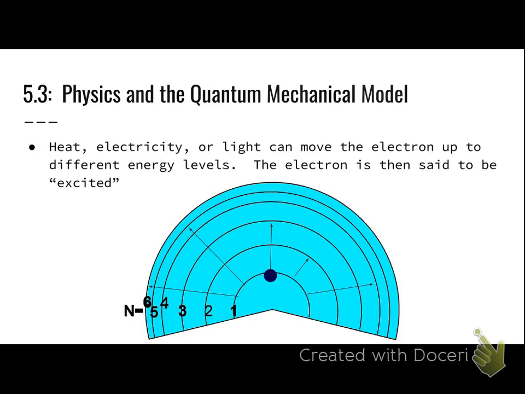If we add some form of energy, like heat, electricity, or light, this can make the electron move to a different energy level. What's going to determine which energy level it moves to is how much energy is actually added to the electron. Whenever it moves to a higher energy level, we would say the electron is excited.